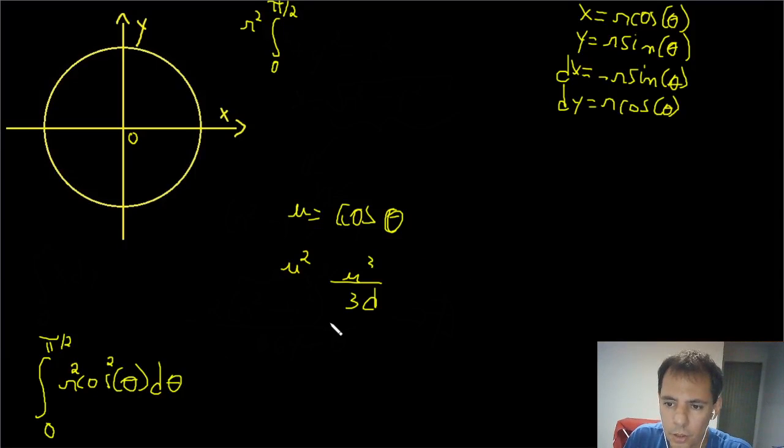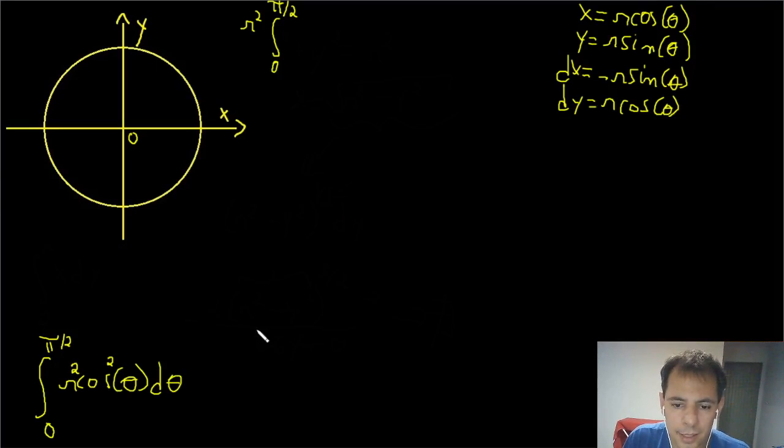So instead of using an outer function and an inner function, I'm going to use one trigonometric identity to transform this cosine squared of theta into a cosine to the first power.